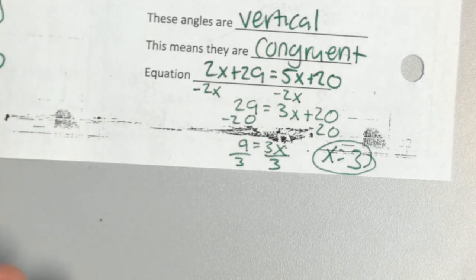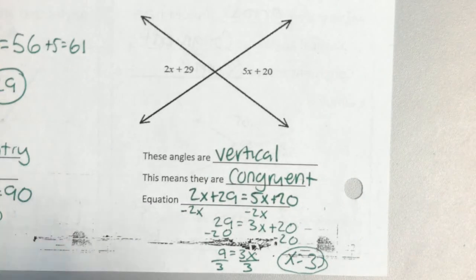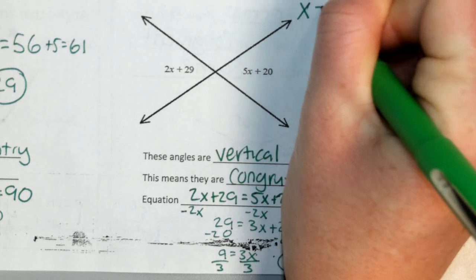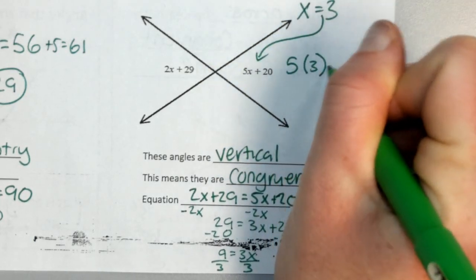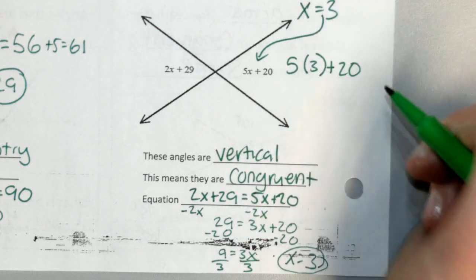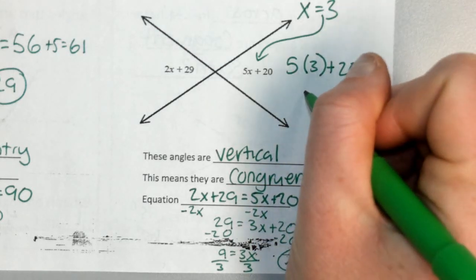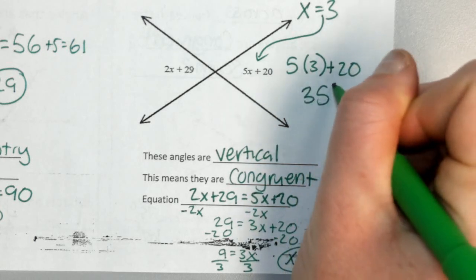All right, if x equals 3, what should we do with that number to find out the missing angle? Five times 3 plus 20 is what? 35.